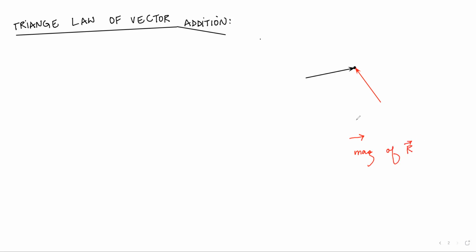In other words, if this force can be represented by a vector A and this other force can be represented by a vector B, then what will be the addition of these vectors? So in plain words, you can say the triangle law of vector addition helps us to add two vectors. Am I right? Very good.